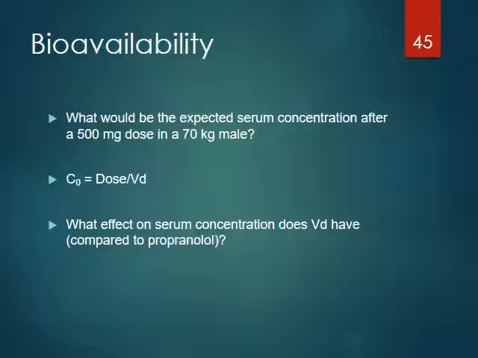As such, even if you're giving an equivalent dose based on bioavailability and all other factors being equal, the serum concentration of a drug with low volume of distribution is always going to be higher than a drug with a high volume of distribution, just because there's less drug in the serum to actually measure. A high volume of distribution drug is just going to be distributing out to the tissues. So keep that variable in mind, and how it affects serum concentrations based on different volumes of distribution.